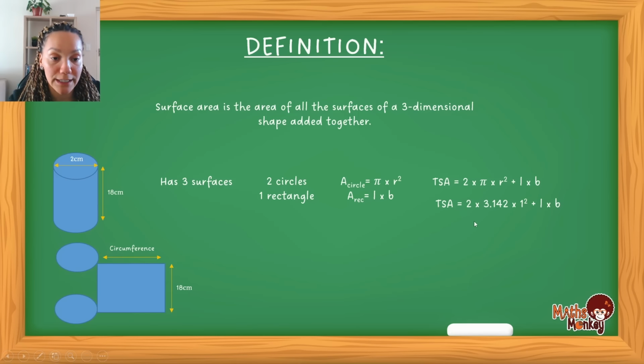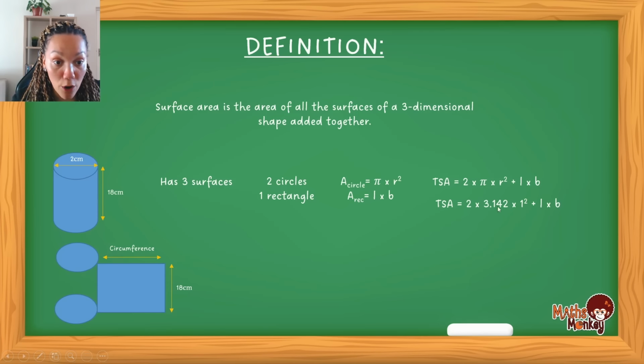The area of the circles is going to be 2 times pi, which is 3.142, which is what they'll tell you to use in the exam paper, multiplied by 1 squared. So why is this 1 squared? Where does this 1 come from? Take note, this 2 is the diameter, so half of the diameter is what you use as the radius. That's where we get that 1. Plus length times breadth, which is this rectangle.